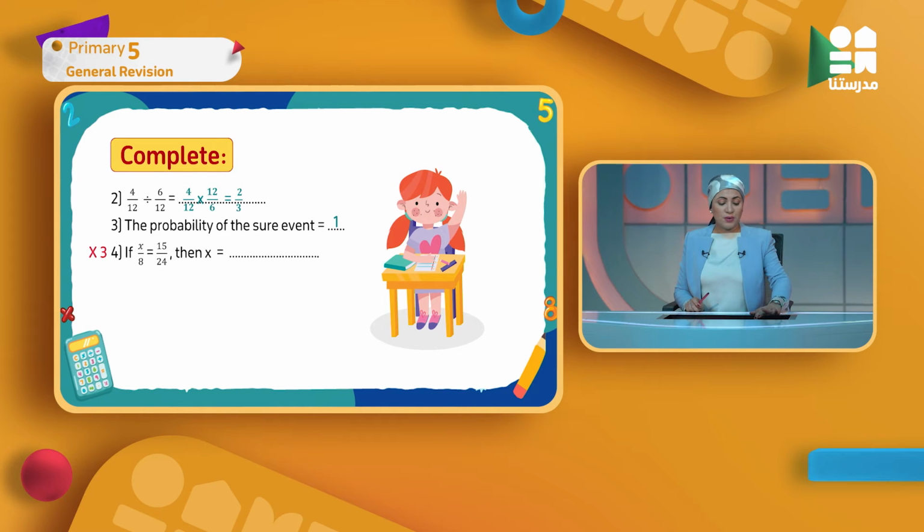So here x is equal to 5. Okay, now I'll move to another question.